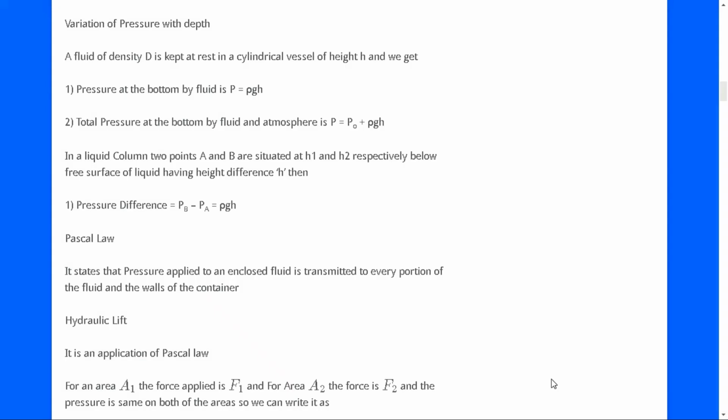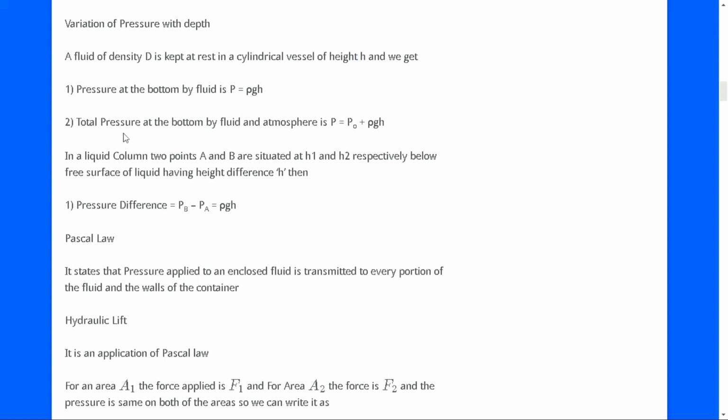Okay students, now let us see the variation of pressure with the depth. Consider a liquid of density rho kept in a cylindrical vessel of height h. The pressure at the bottom of the surface by the liquid is rho gh, because the height of the cylindrical vessel is h.